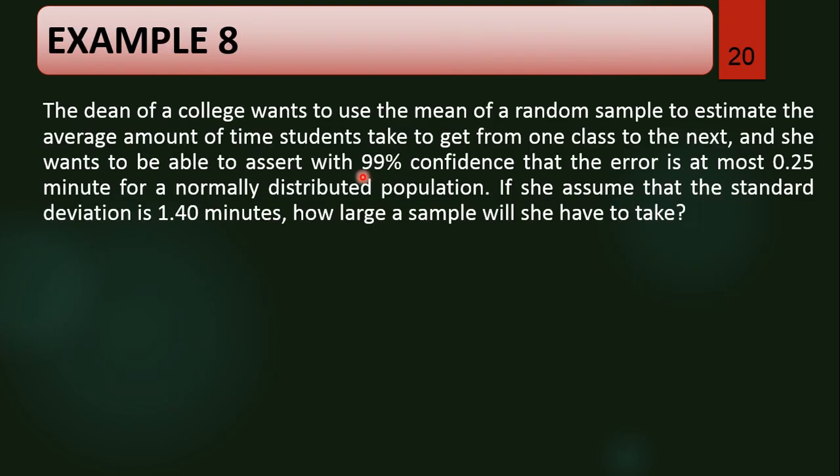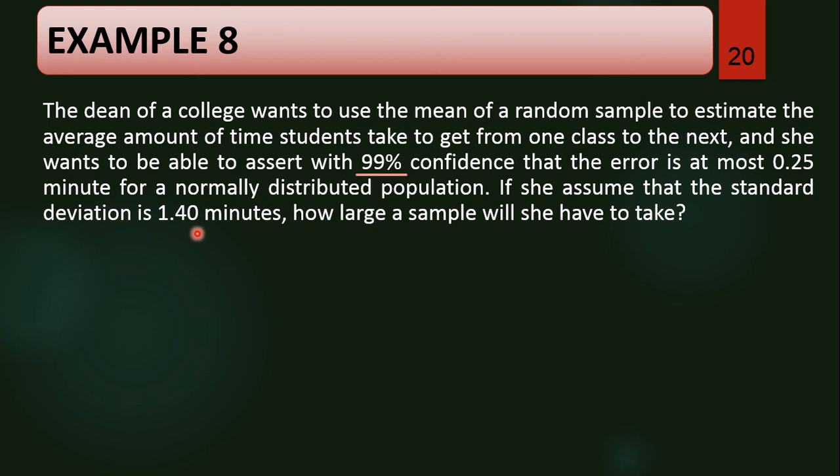Then, if the question asks you to estimate what sample size is needed, if you are 99% confident that the error is at most 0.25 minutes, that means at most 0.25 minutes will be your maximum error. The standard deviation we assume is equal to 1.40.